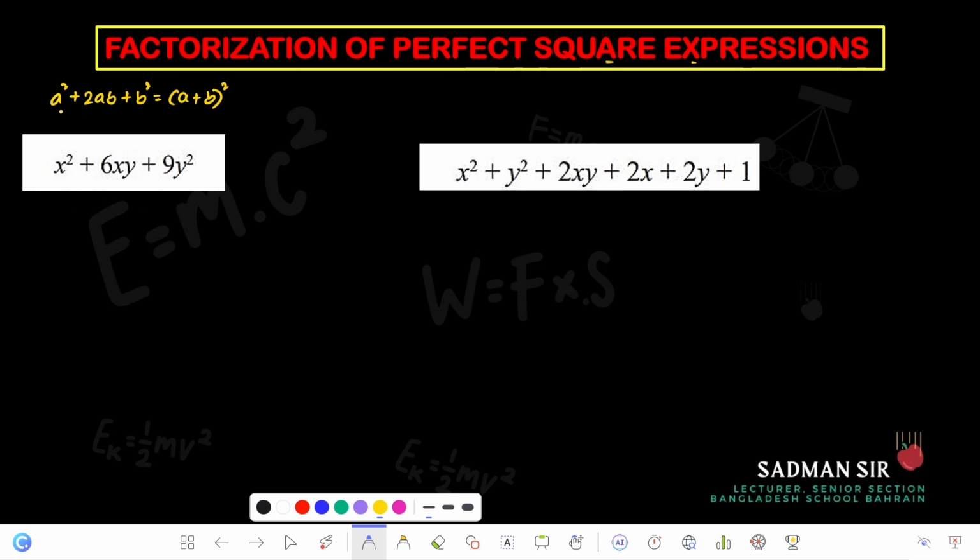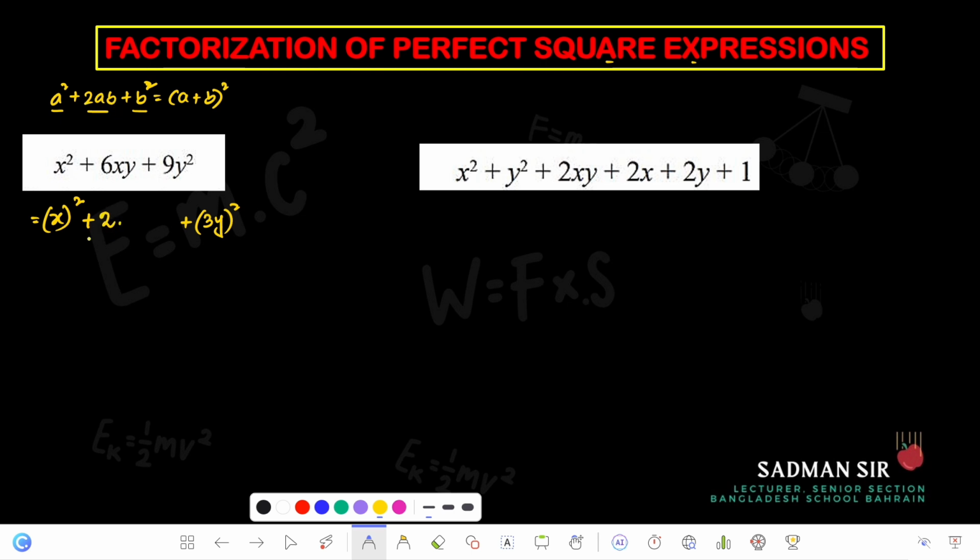We need to try to arrange it in this shape. For example, this x square can be written as x whole square, and at the end we have b square. Here 9y square can be written as 3y whole square. So we have a square, b square, and in between we need 2 into a into b.